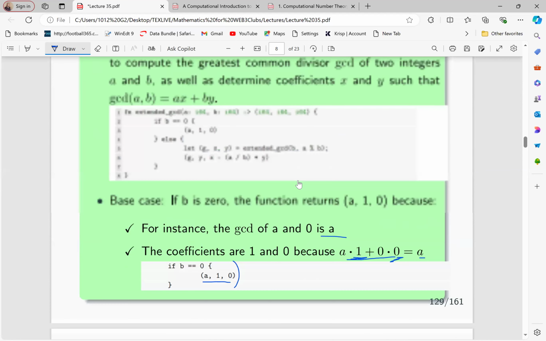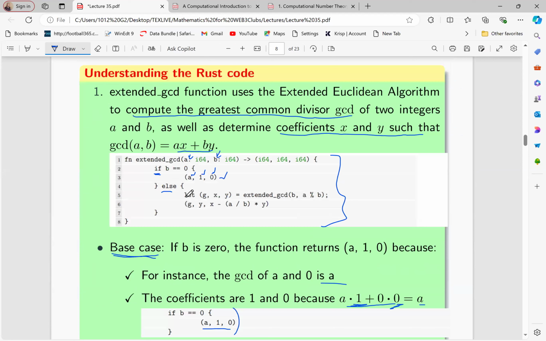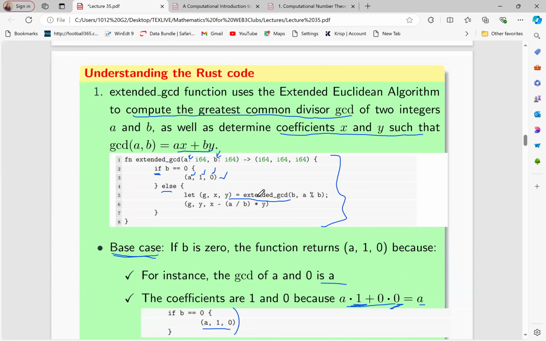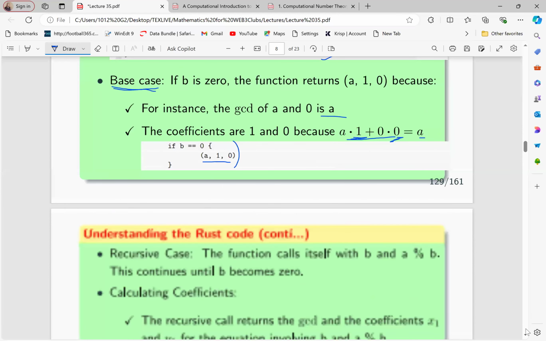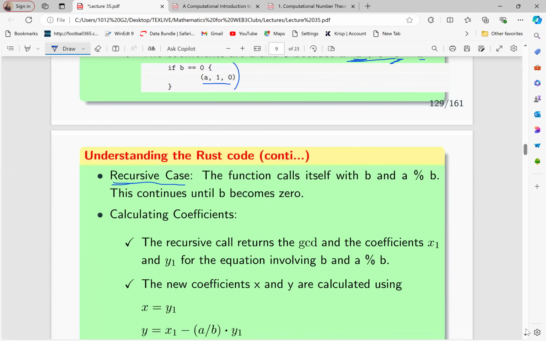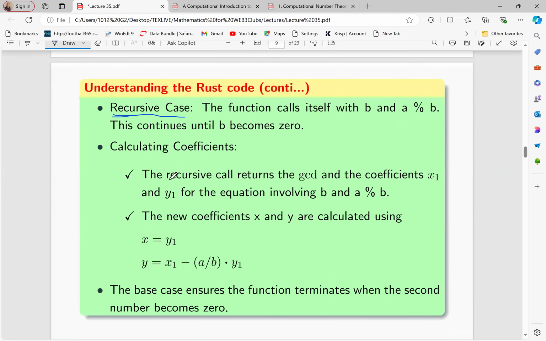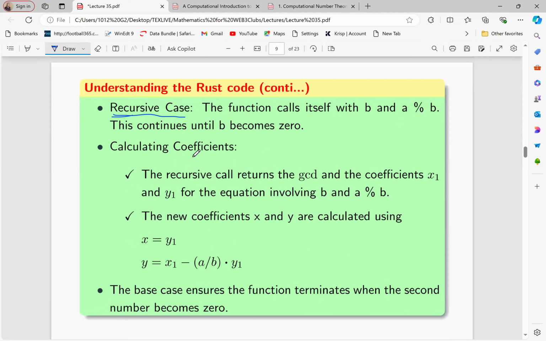Let us see what it's doing. Else, it calls itself. You can see the extended GCD function calling itself now, after realizing that B is not 0. It calls itself and then calculates the coefficients.